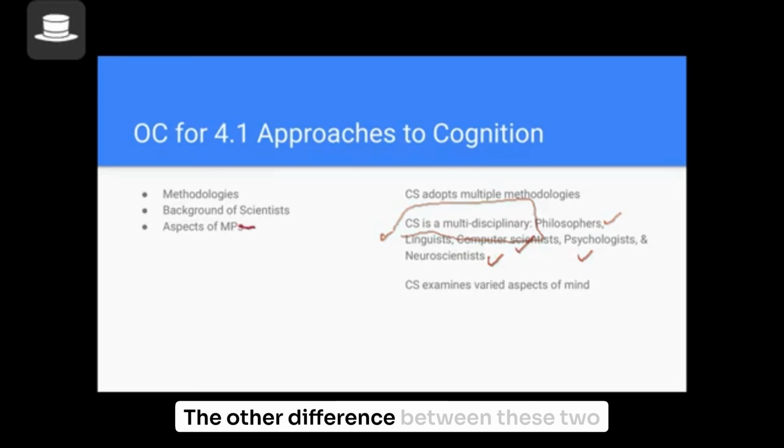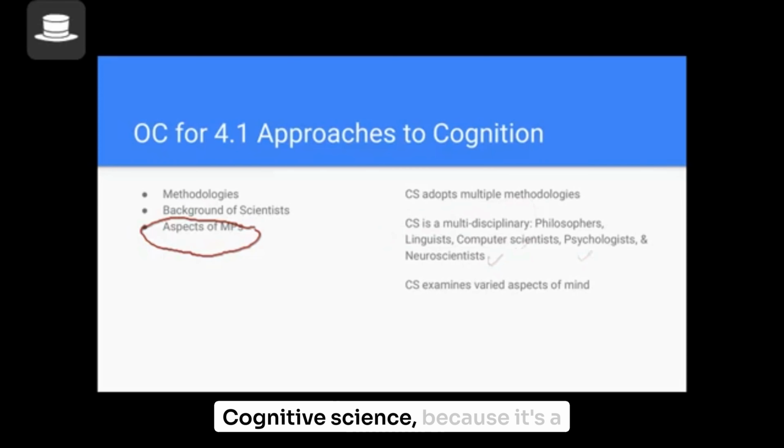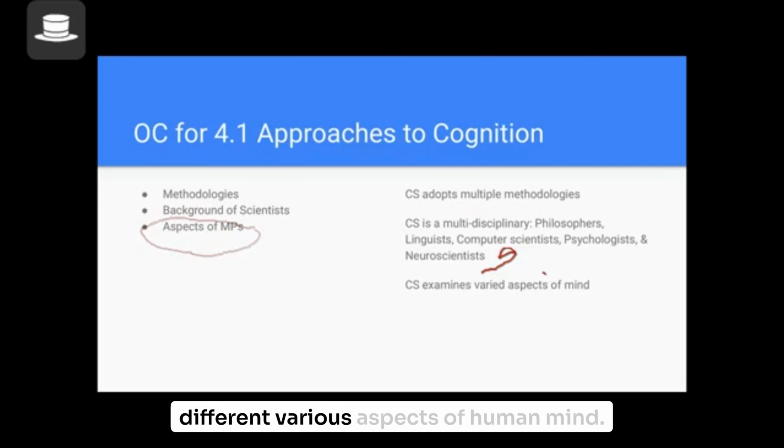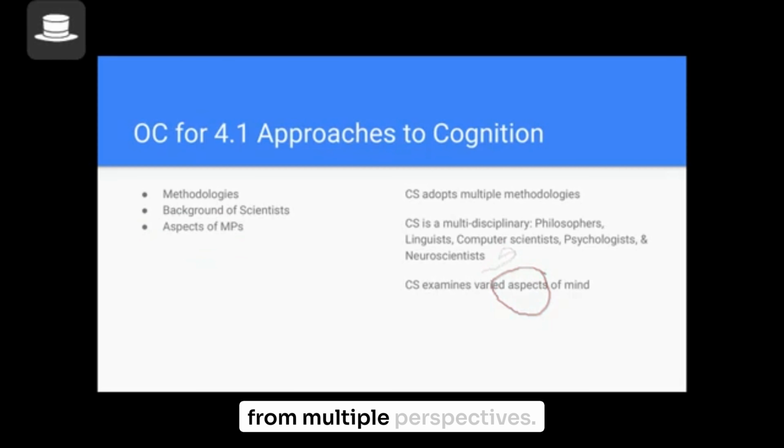The other difference is the aspect of mental processes that we study. Because cognitive science is a multidisciplinary field, it examines various aspects of the human mind. And then we get a bigger picture of what cognition is, how the human mind works, by putting together the workings of the human mind from multiple perspectives.